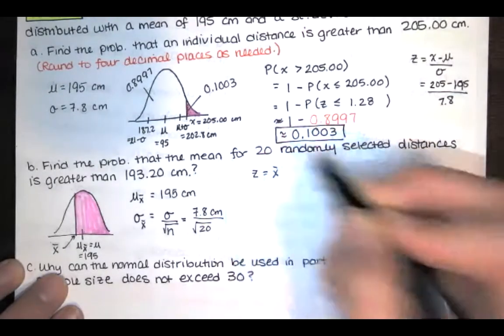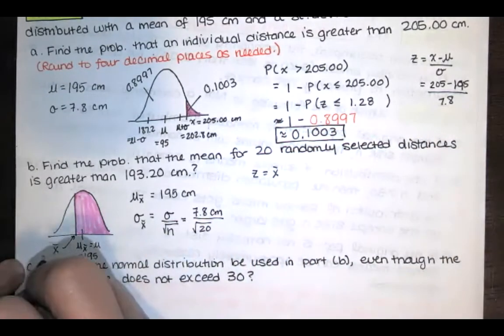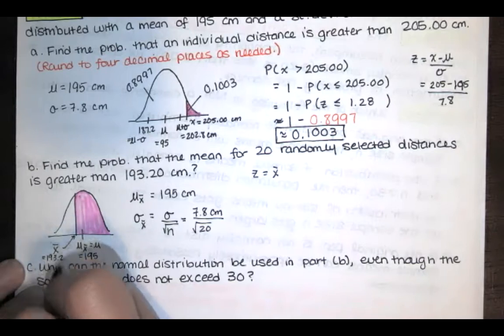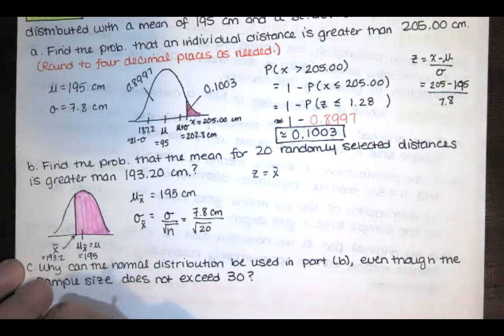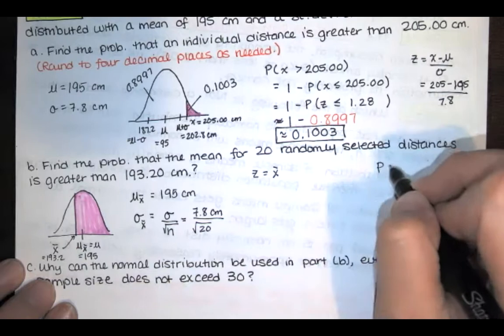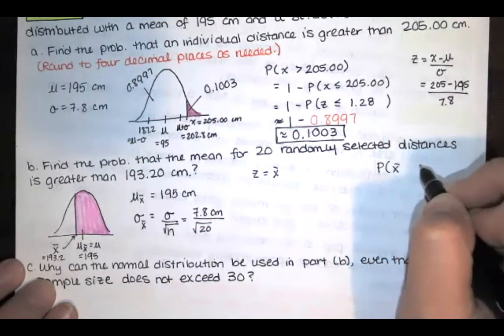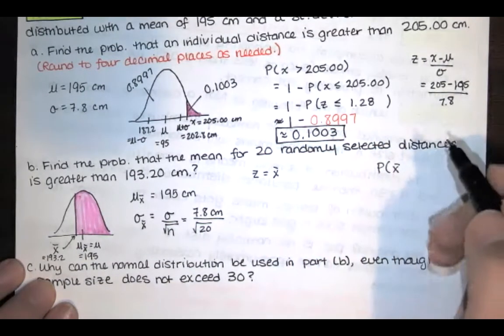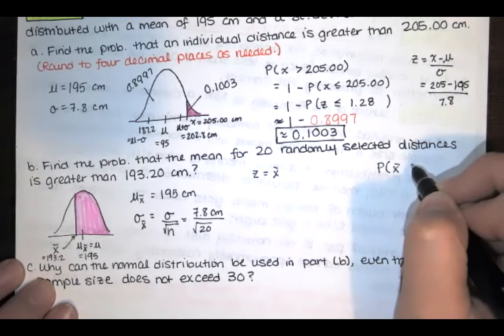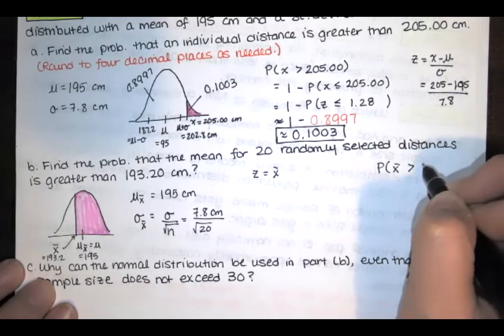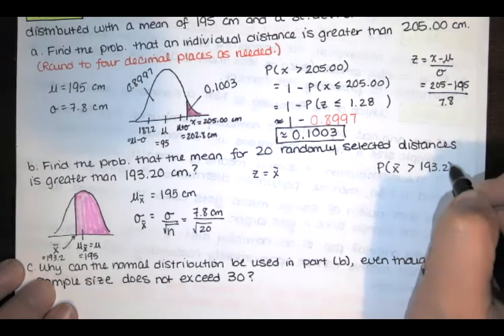We're taking that particular value of 193.2 centimeters as a possible sample mean, and we're saying, what's the probability that the sample mean for those 20 randomly selected distances is going to be greater than 193.2?